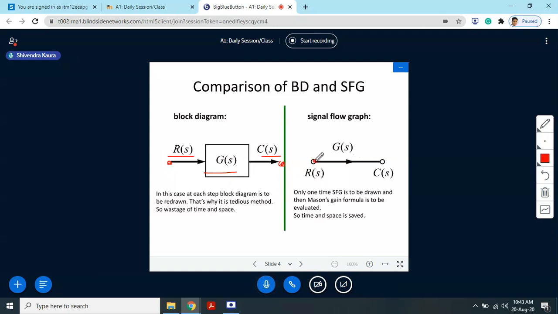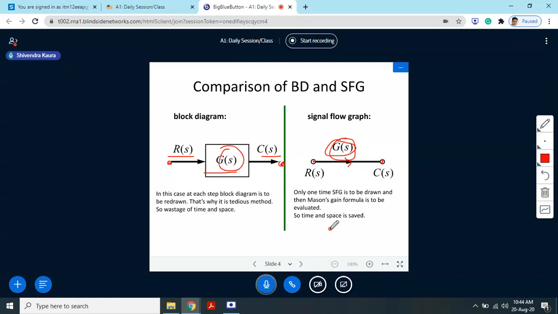So there is a node for R(s), a node for C(s), and the gain given in the block will be represented on the signal flow graph line. The gain of the block will be the admittance of this particular line, or you can say the value of this particular line. So this is how the signal flow graph is converted.